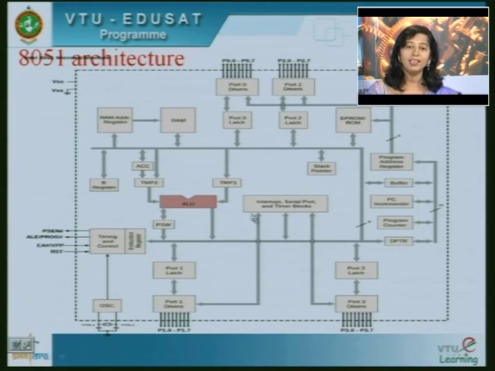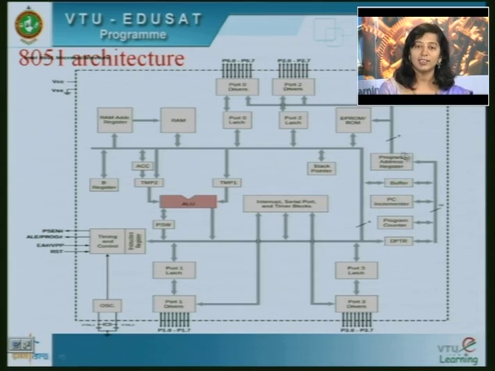And then we have the interrupt, the serial port and timer blocks here. As I told you, to prioritize the response, you can use the interrupt block, timer to add delays, serial port for serial communication, and you have a stack pointer here. I will tell you what is the use of the stack pointer. Then program address register, this EPROM or ROM stores our program.